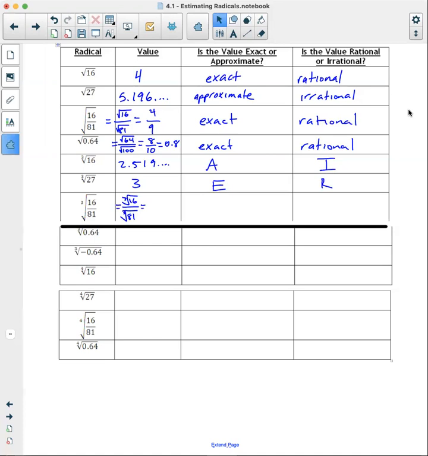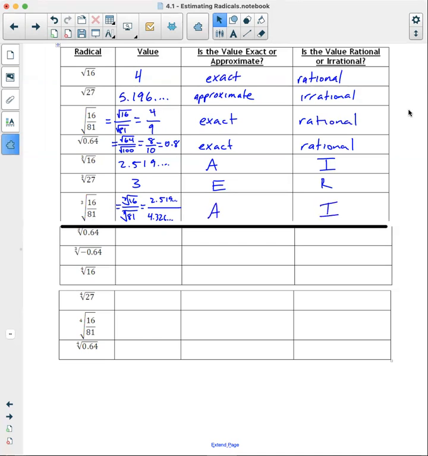Okay, punch those into your calculator and we get 2.519, a bunch of decimals. Okay, so not a whole number. And 4.326 and a bunch of numbers. So because we are dividing two approximate numbers, our number will also be approximate, okay?